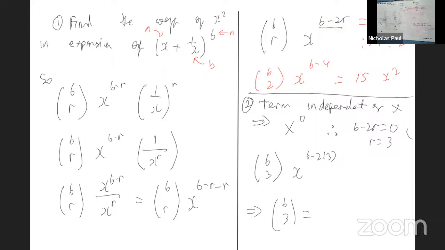Oh no. 60 or something. 45, I think. 6C3 is 20. Yeah, correct.